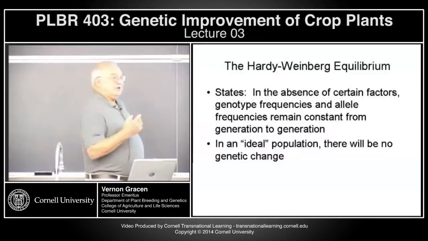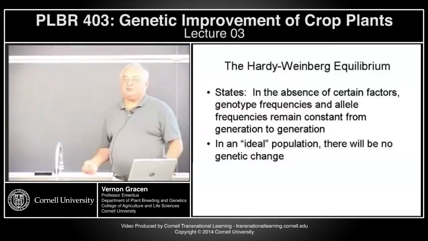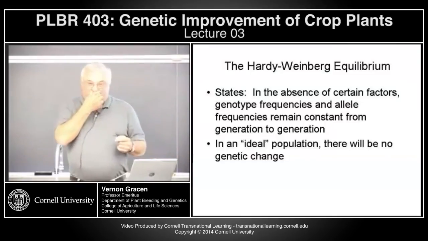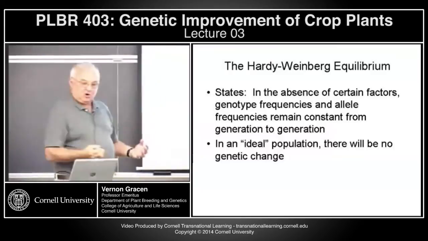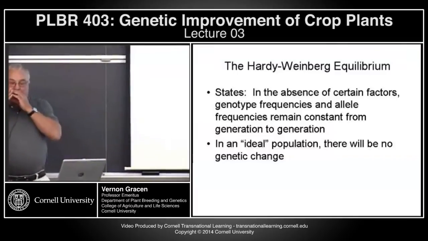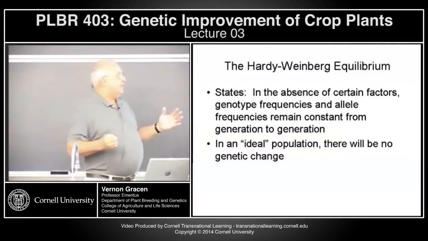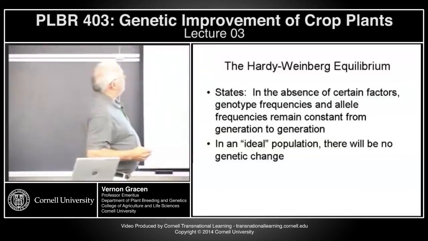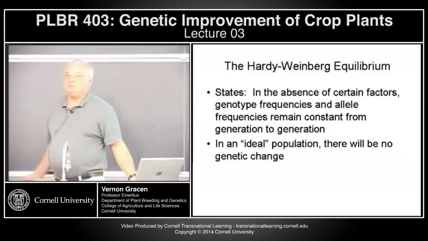All right, so Hardy-Weinberg, a population geneticist, came up with an interesting theorem. Basically, they say, in a perfect world, in a perfect population, that genotype frequencies and allele frequencies remain constant from generation to generation.